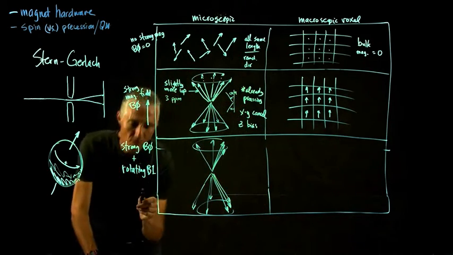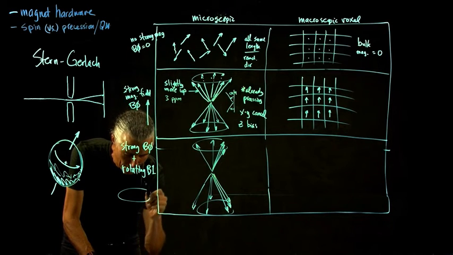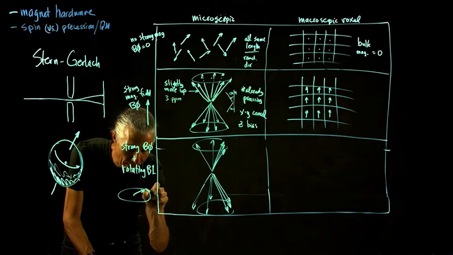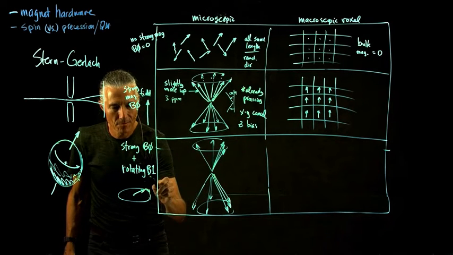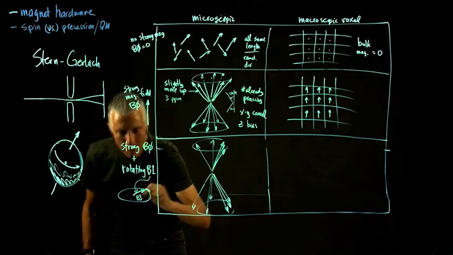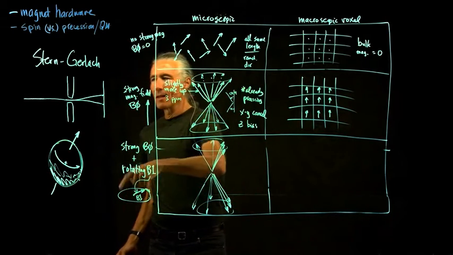So what is that field? Well, that's the B1 field. Here's the B1 field that's going around in that direction. So that's the rotating B1 field. This guy is the B1, but it's rapidly rotating around.